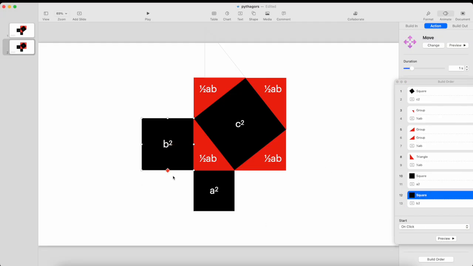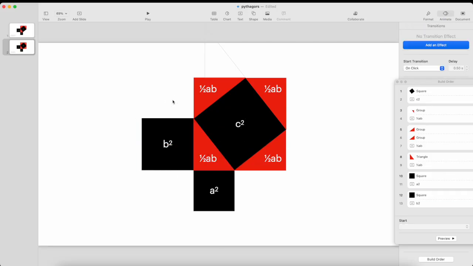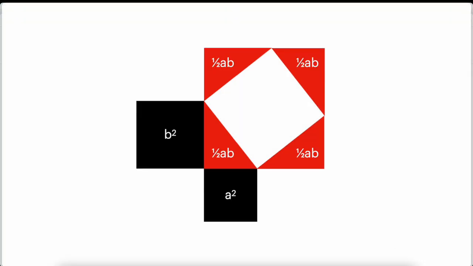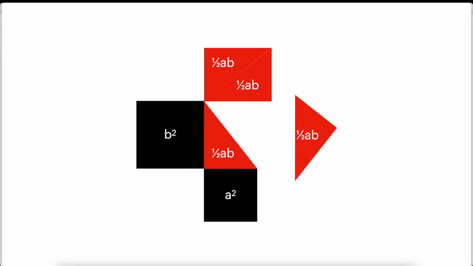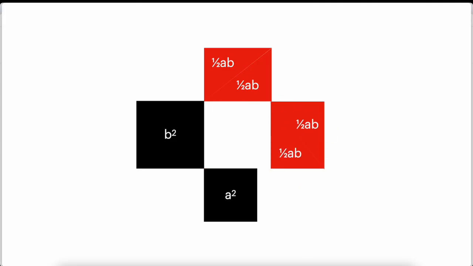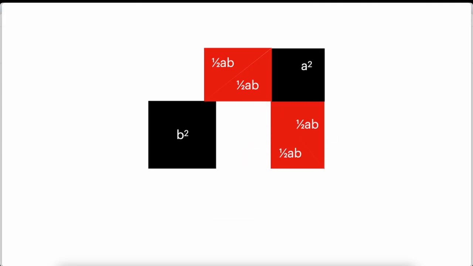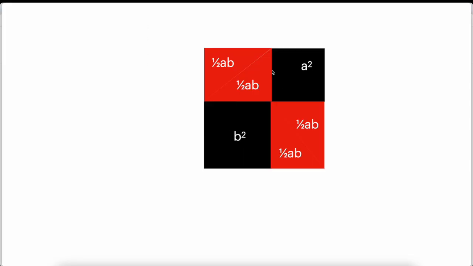What do I need? I need that move action to go very incrementally further over. Let's try that. So the a squared needs to be further down, and further in.